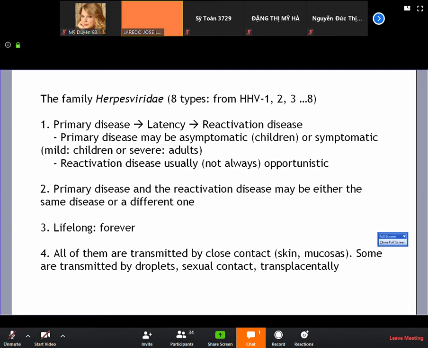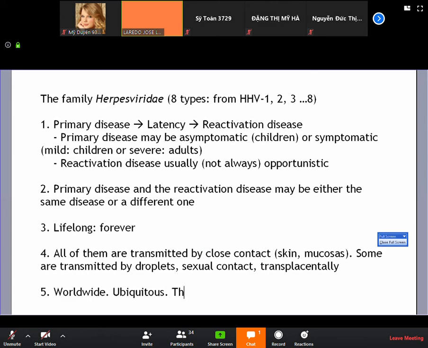And fifth feature, all of them are found worldwide. They are ubiquitous. You already know the meaning of this word. Ubiquitous means that they are found everywhere.